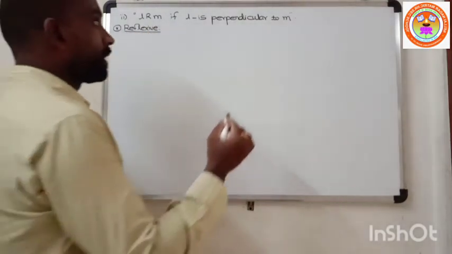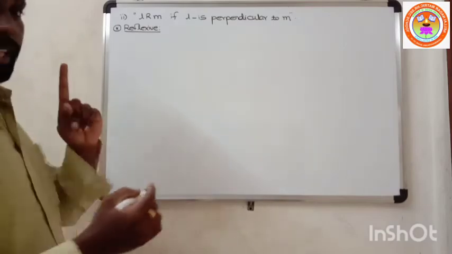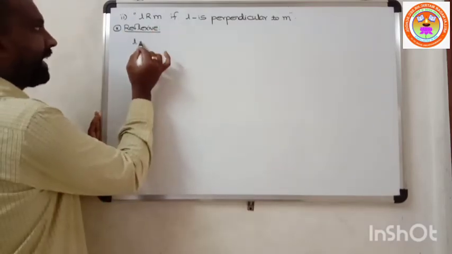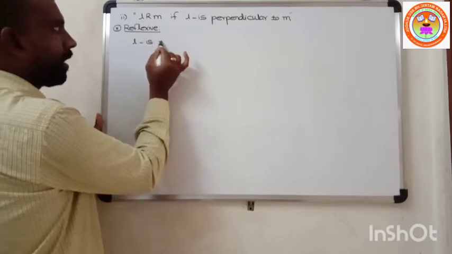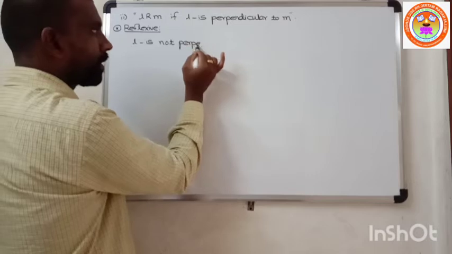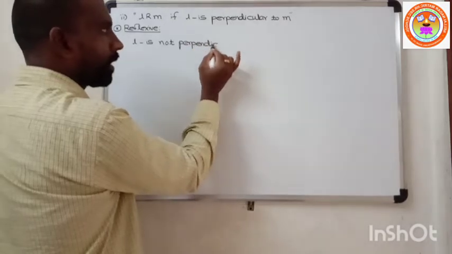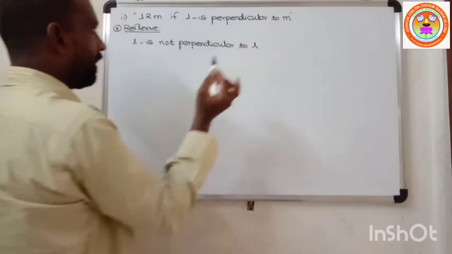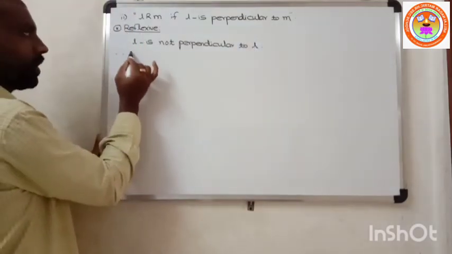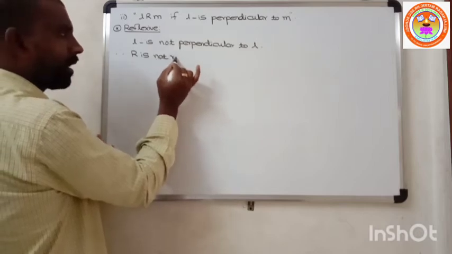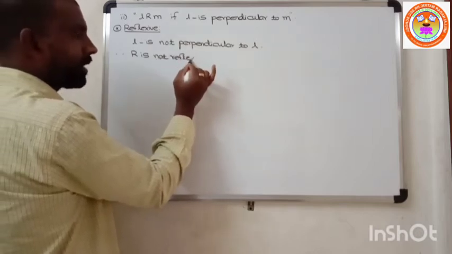Reflexive, only one variable you take. l is not perpendicular to l. Therefore, R is not reflexive.